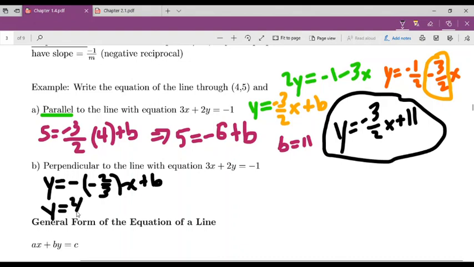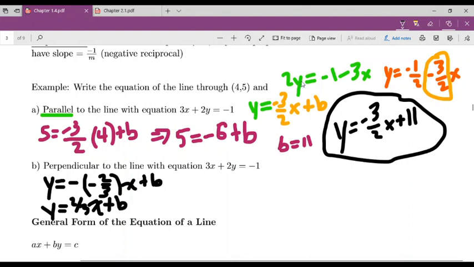Okay. Negative reciprocal just means you take the negative of it and flip it. So I took the negative of it, which is what this negative is, and I flipped it. So in reality, you could skip this step right here perfectly fine and say, okay, the negative reciprocal of this 3 over 2 here is just 2/3, and that'll be x plus b. Then all I have to do is solve for that b.